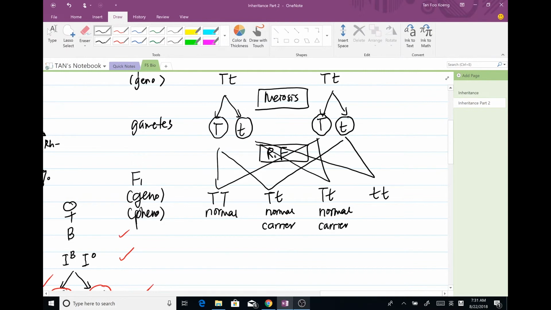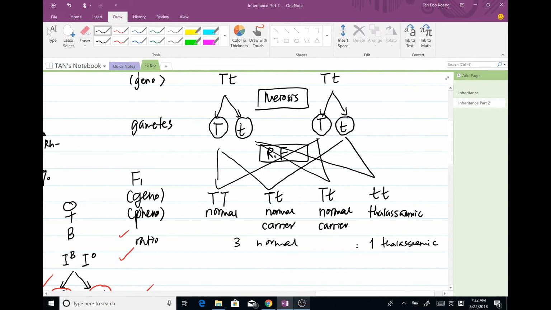However, he or she is a carrier. And then the small t small t is thalassaemia. That means this offspring has thalassaemia. And the ratio, if you look at them, you have 3 normal to 1 thalassaemia.